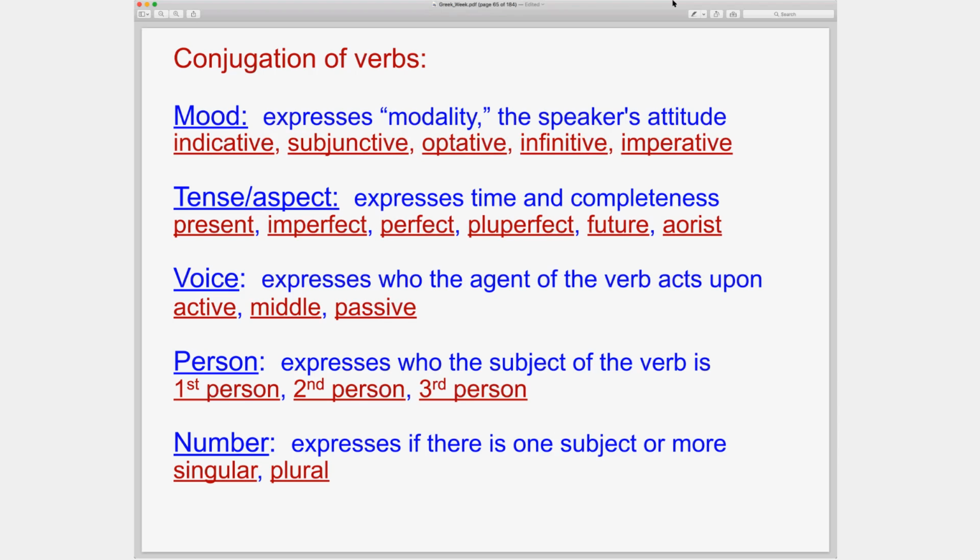First person is I or we, properly. Second is you, and third is he, she, it, them, or whatever. And then number is singular or plural. Okay, so let's find out what each one of these means.